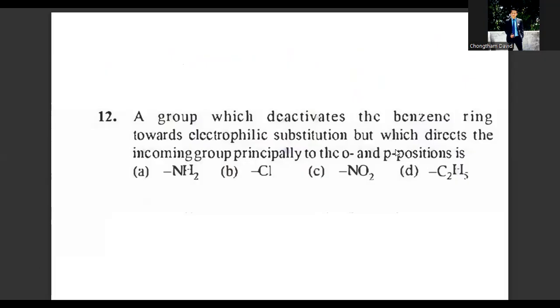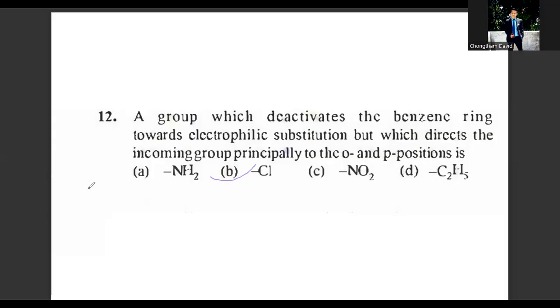Inductive effect, as you know, it takes electron. Now, the net result then is that the chlorobenzene undergoes ortho-para substitution with difficulty. So 12 will be option D, chlorine. This is the answer for question number 12.